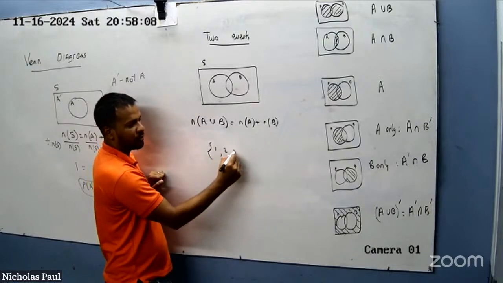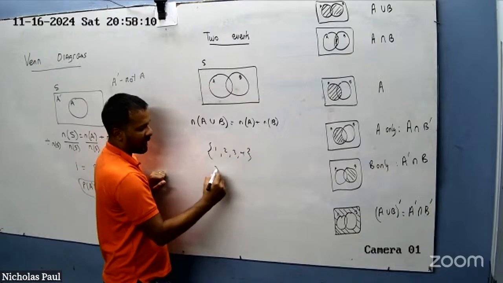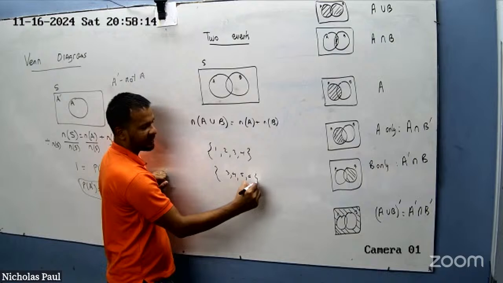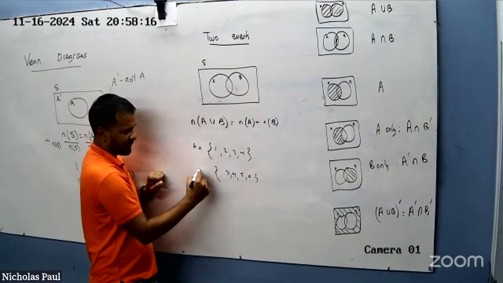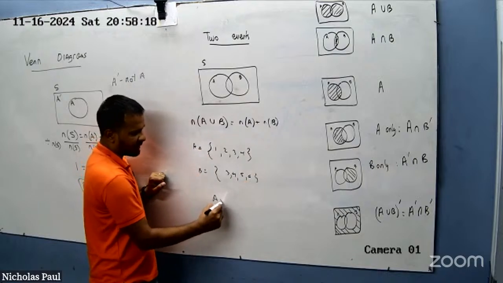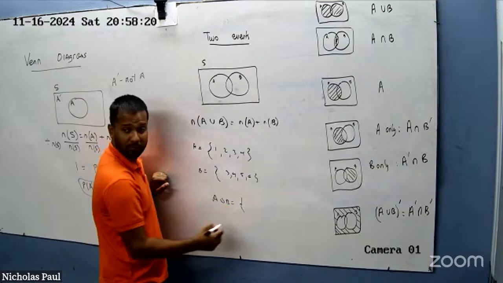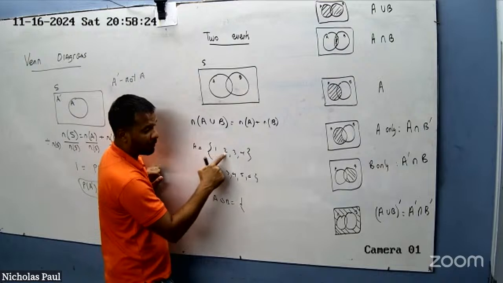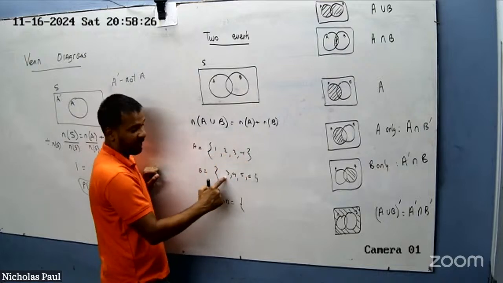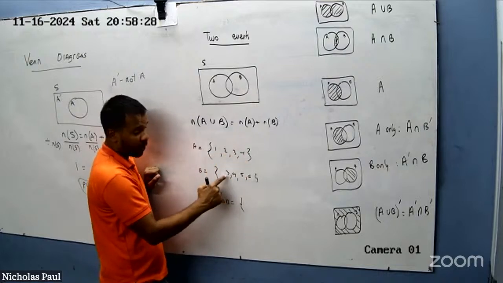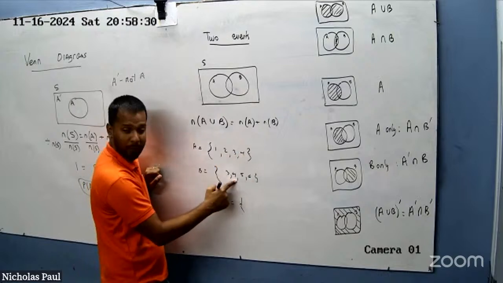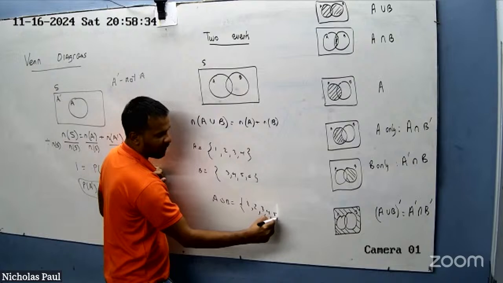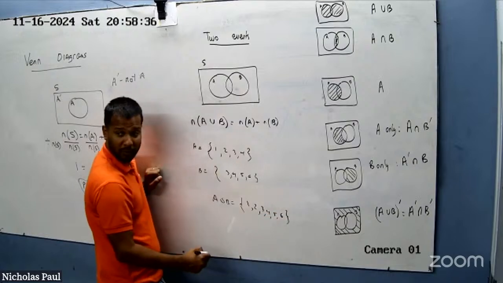So if I have 2, 3, 4, and I have 3, 4, 5, 6. This is A and this is B. What is A union B? A union B is 1, 2, 3, 4, 5, 6, not writing what they both have twice.